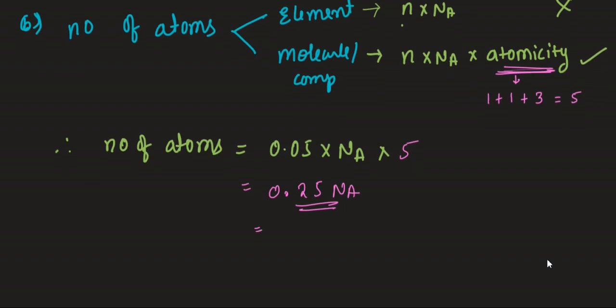So what is our Avogadro's number? 0.25 into Avogadro's number, which is 6.022 into 10 to the power 23. Clear till here? Understood everyone? Written everyone?